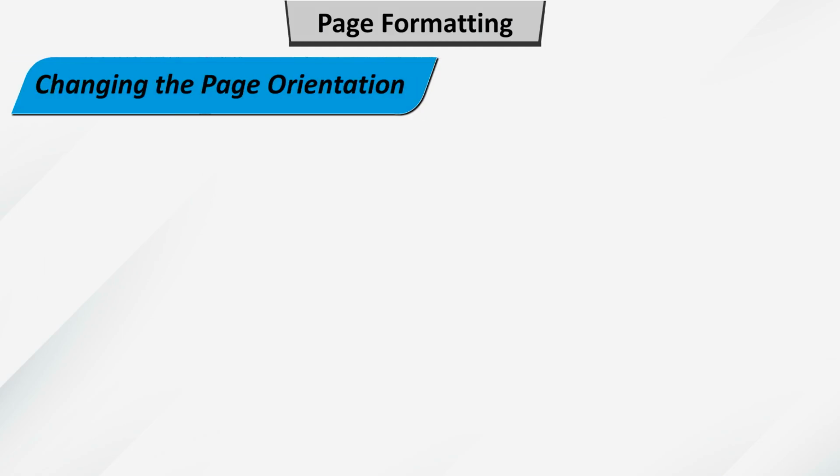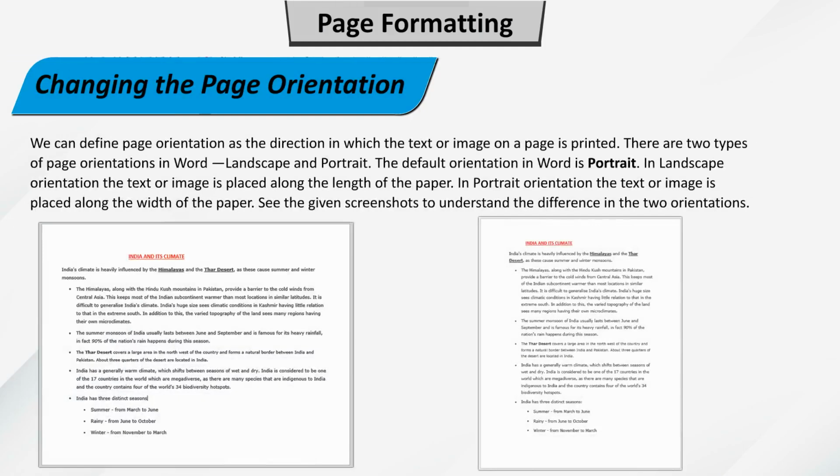Changing the page orientation. We can define page orientation as the direction in which the text or image on a page is printed. There are two types of page orientations in Word: landscape and portrait. The default orientation in Word is portrait.